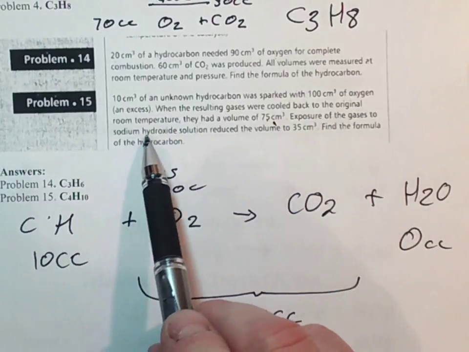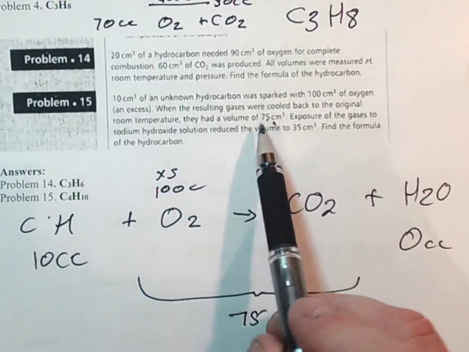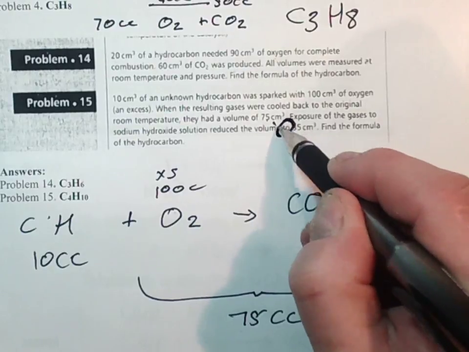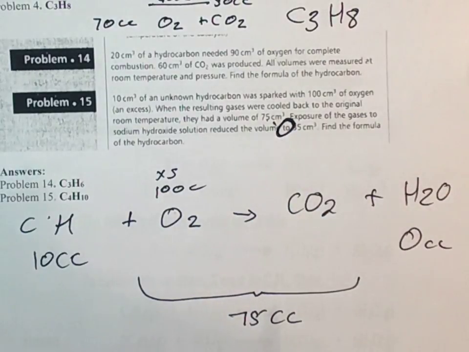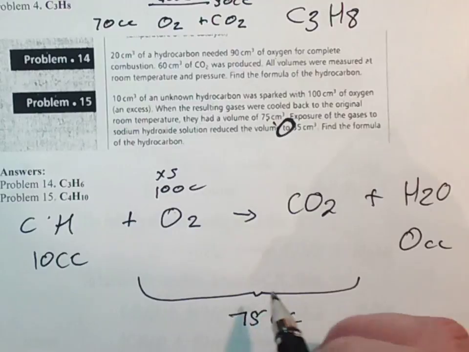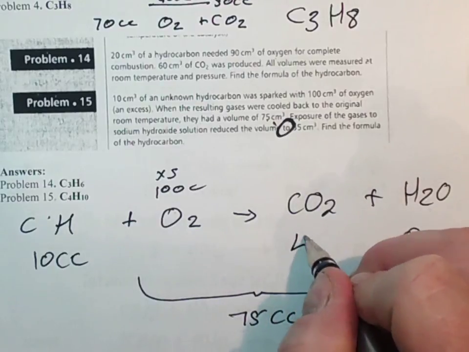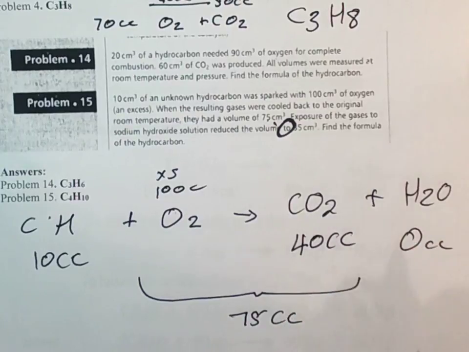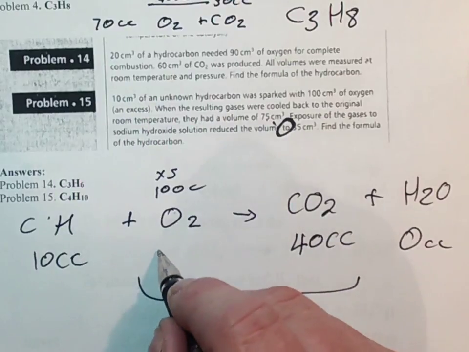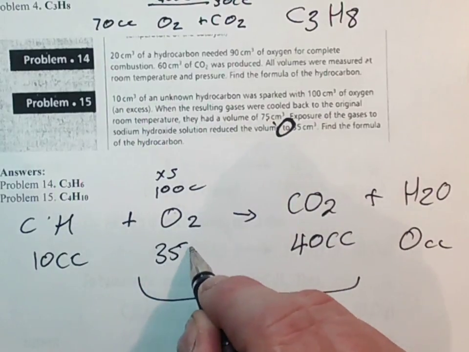Exposure of the gases to sodium hydroxide solution reduced the volume, and note, reduced the volume to 35. So there must have been 40 cc's of carbon dioxide, and the 35 that was still a measurable volume of gas must have been unreacted oxygen.